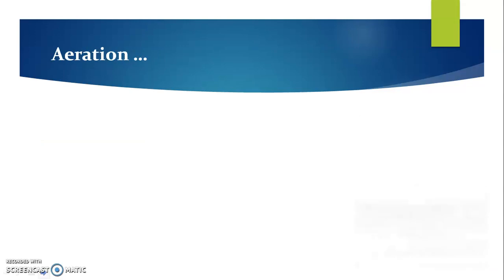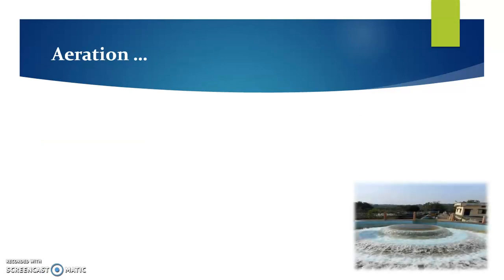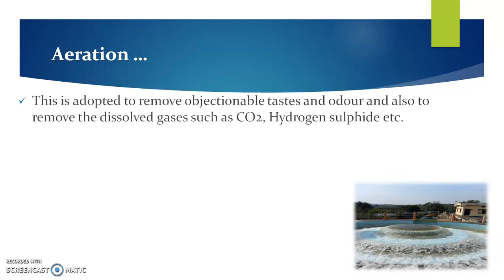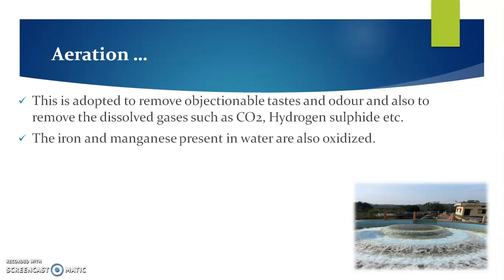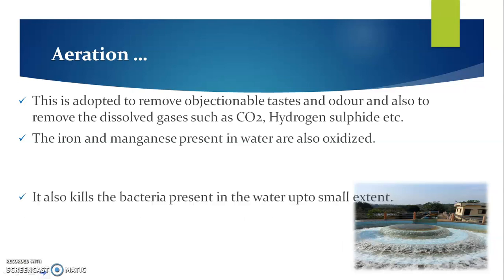Next is aeration. Aeration is nothing but addition of air or oxygen in particular to achieve certain purposes. This is adopted to remove the objectionable taste and odor and also to remove the dissolved gases such as carbon dioxide, hydrogen sulfide, etc. The iron and manganese present in water are also oxidized because of the addition of oxygen.